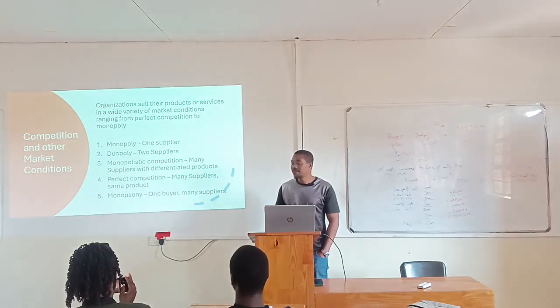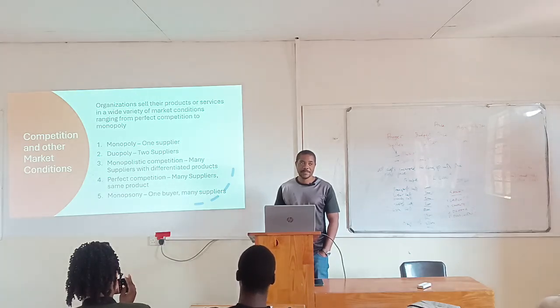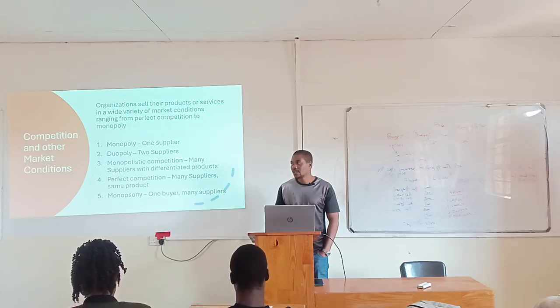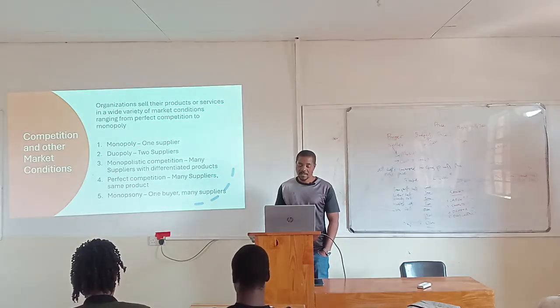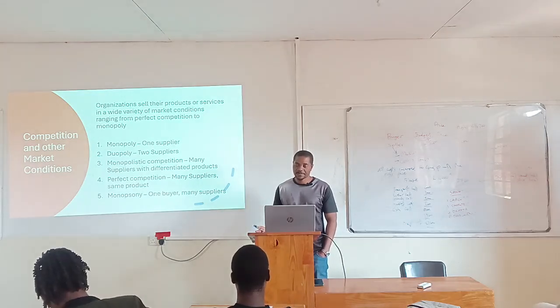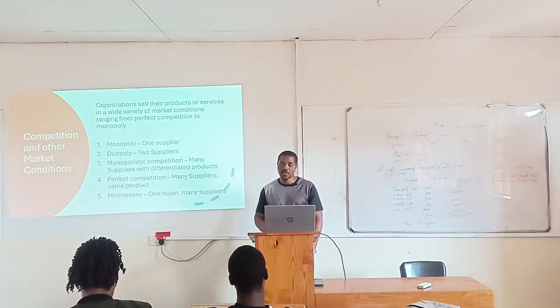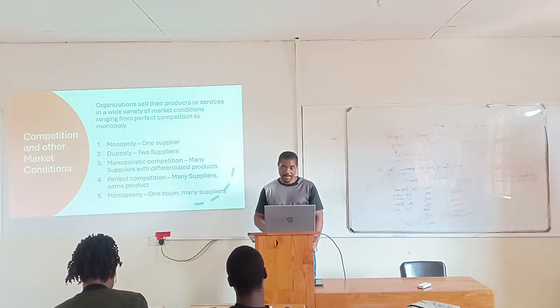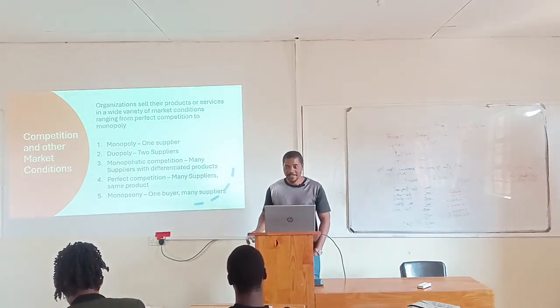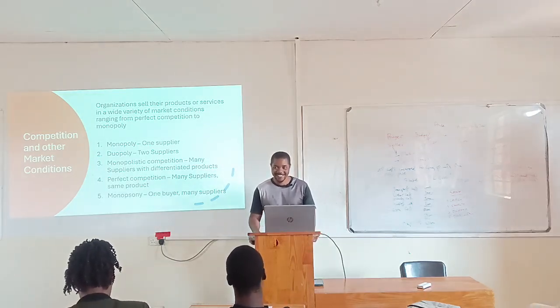Somebody explain or give an example of a monopoly in Malawi. Monopoly. Water board. Okay? How is water board a monopoly? They're the only producer. But we have got boreholes and wells. Those are not suppliers.